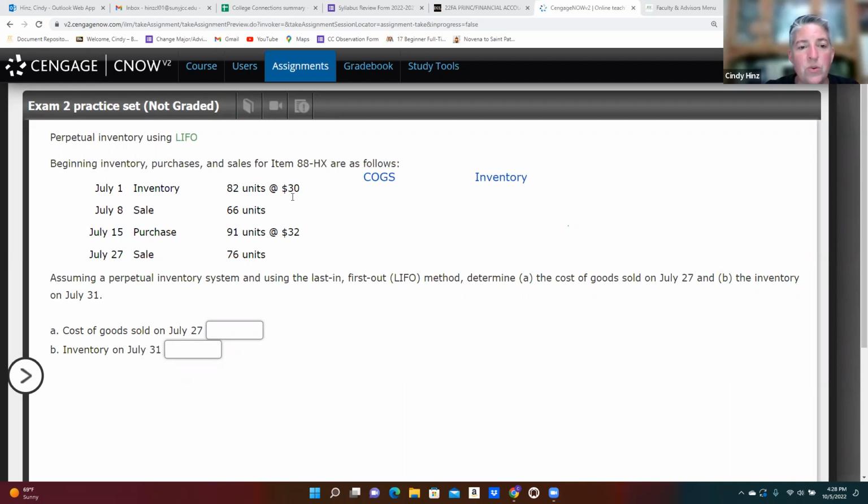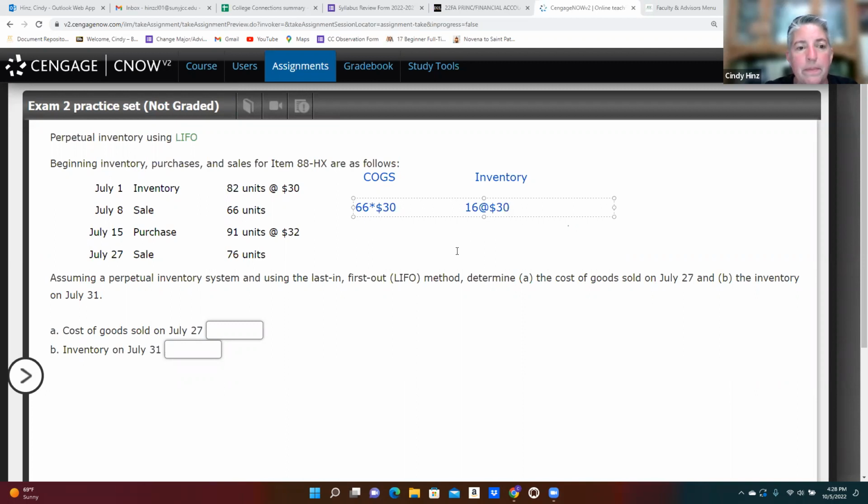So we had 82 units at $30. We sold 66, so those must be 66 at $30, because that's the only choice we have. And when we sell 66 of those 82, what does that leave us? I guess 16 at $30.